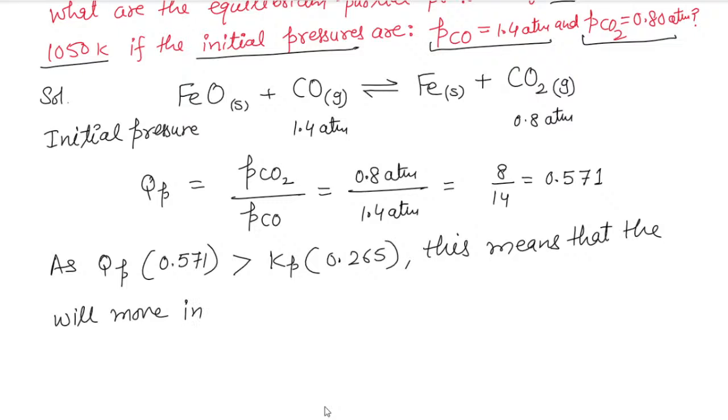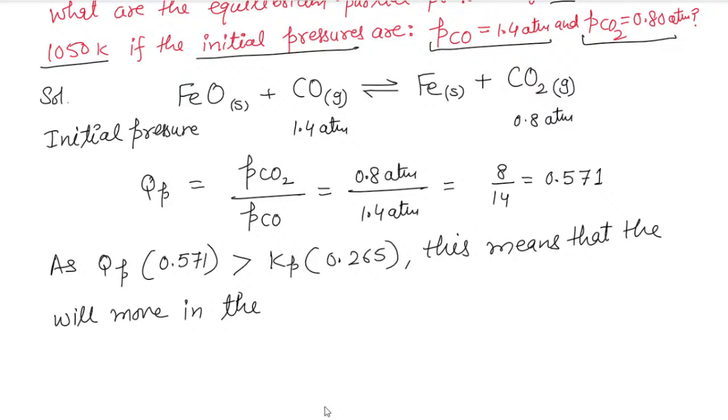Reply fast. Keep in mind the relation between Qc and Kc is the same as Qp and Kp. Beta, it will go in the backward direction. Qp is greater, which means the product is more than the reactant as compared to at equilibrium.